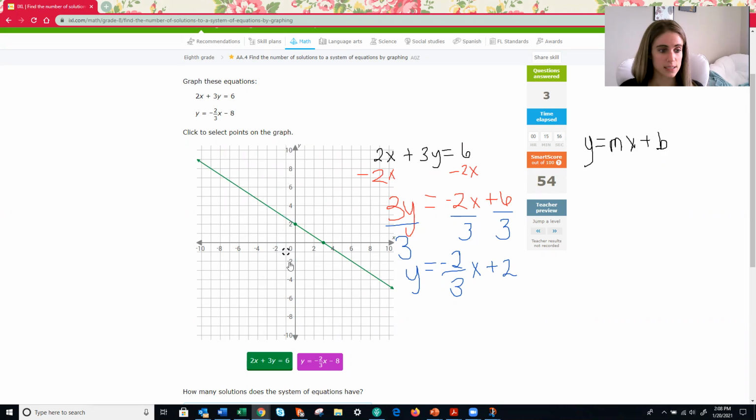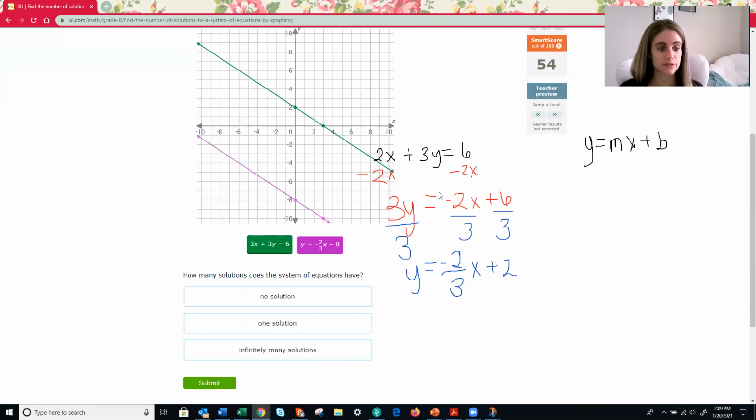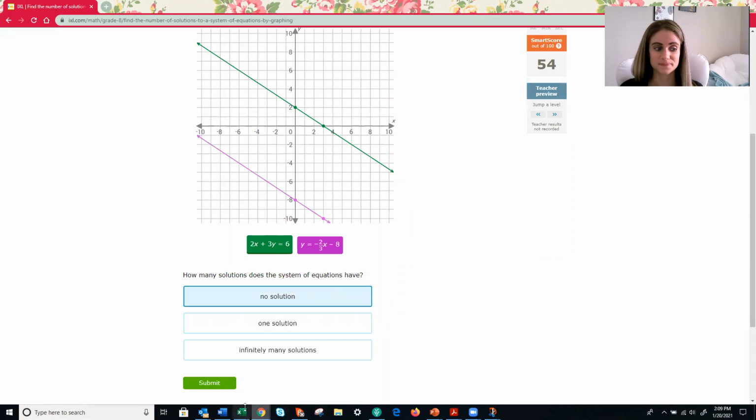Here's my y-axis. So I'm going to go to the y, negative 8. And my slope is negative 2/3. So down 2, right 1, 2, 3. There we go. I can see, in fact, they are parallel. They never cross. Therefore, it is no solution.